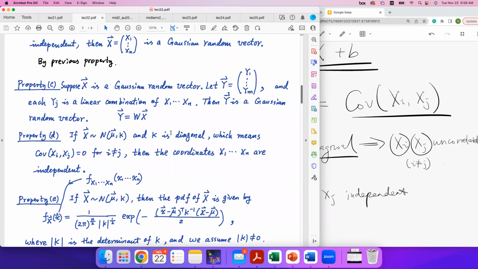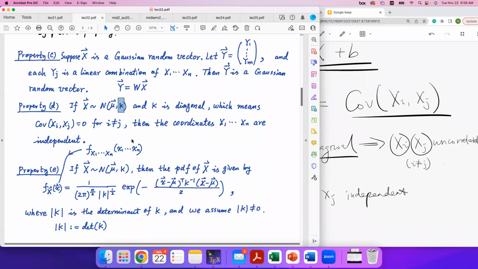So we can see that indeed this autocovariance matrix and the mean are the sufficient statistics for this Gaussian random vector. Once we have these two, we basically know everything about the pairwise relation between all the coordinates of this random vector.